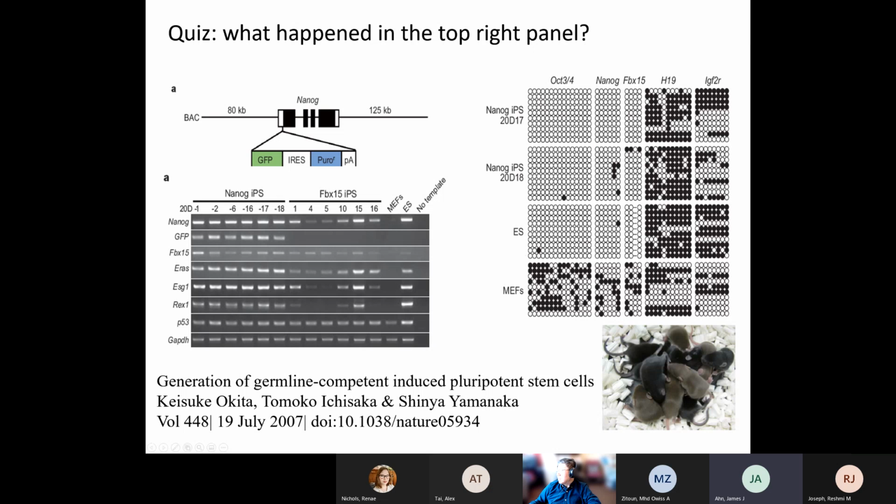That's because those genes are not expressed in fibroblasts. But once you reprogram the cells toward pluripotency, you see that methylation is removed. Oh, I see.